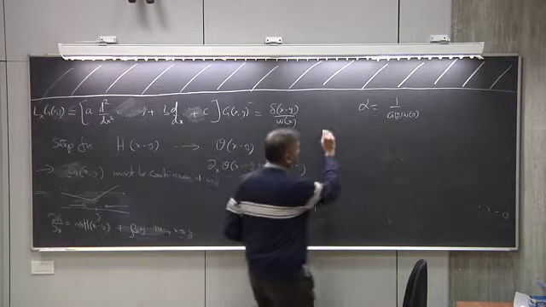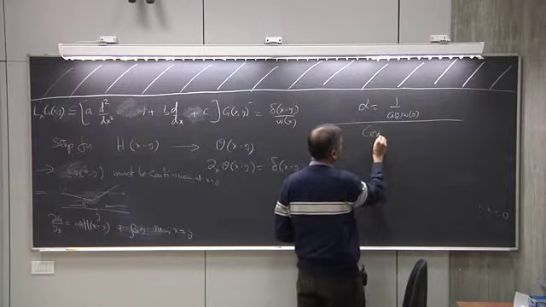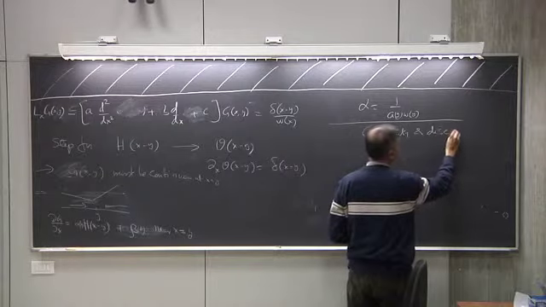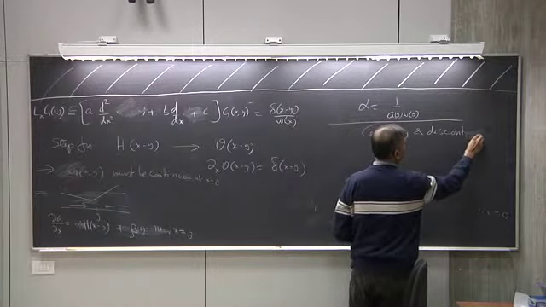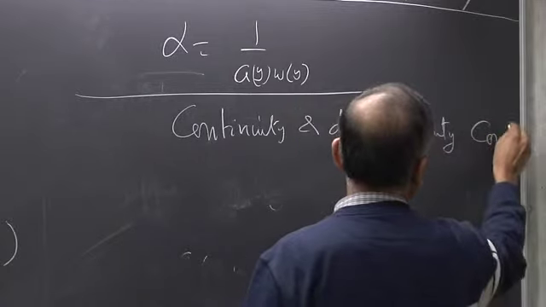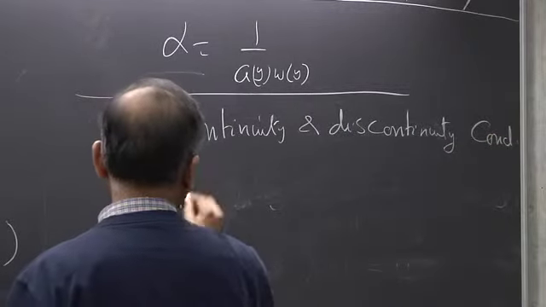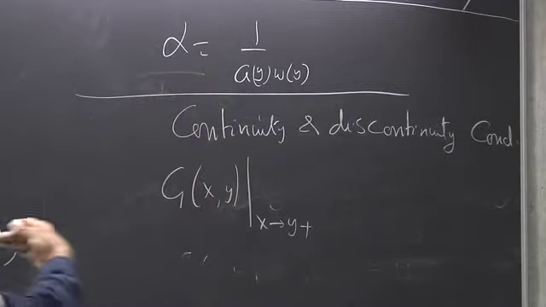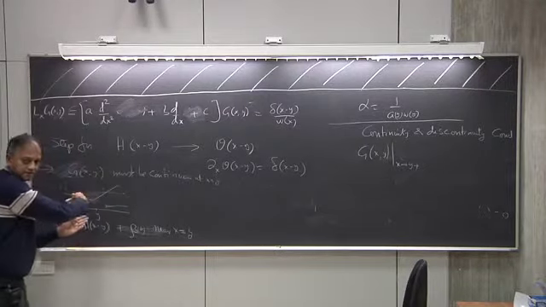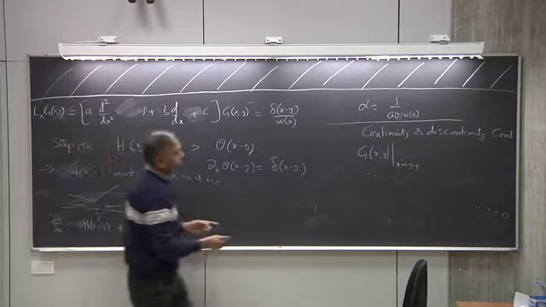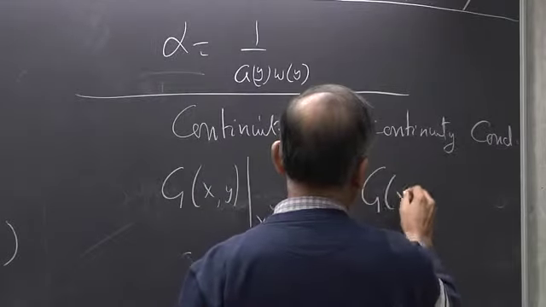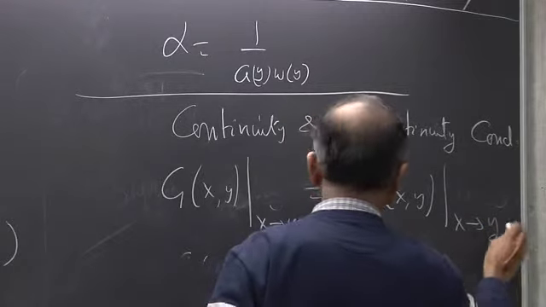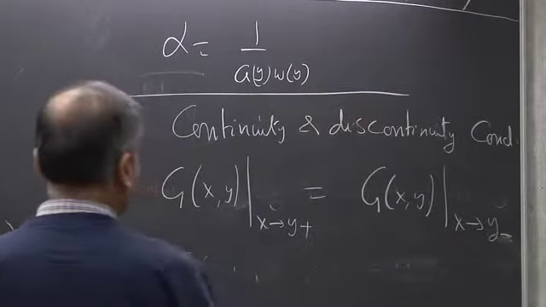So we get the two conditions, the continuity and discontinuity conditions. One is the continuity of the Green's function, which means G of x, y as x goes to y from the right, above y, must be equal to G of x, y as you approach from the left, below y.